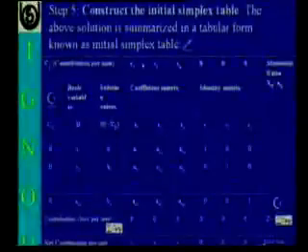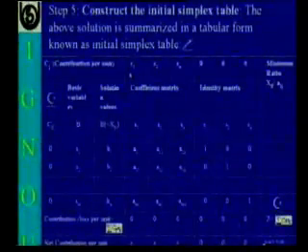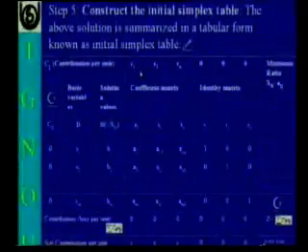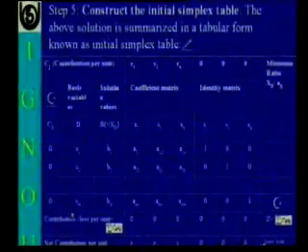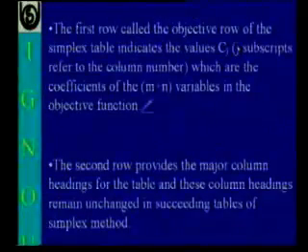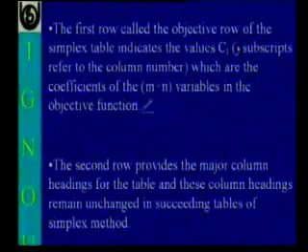Here this line gives the contribution which we have taken from the objective function. This is column 1, this is column 2, this is column 3, which I am going to explain in my next slide. The first row is called the objective row of the simplex table.